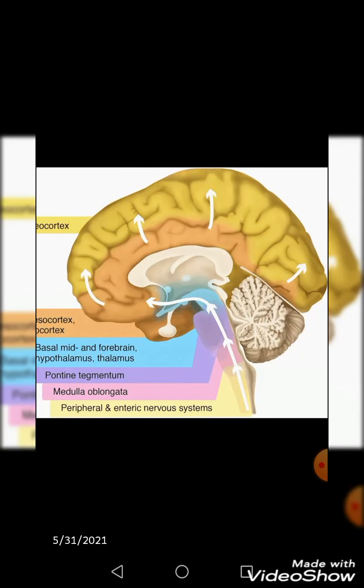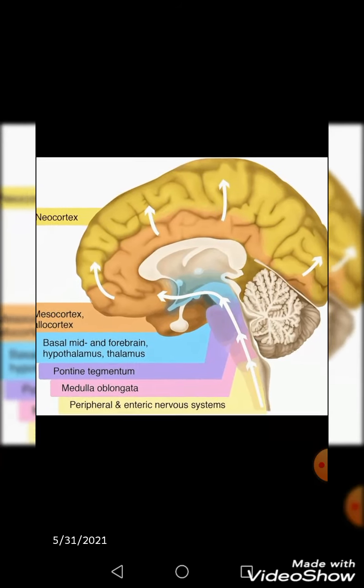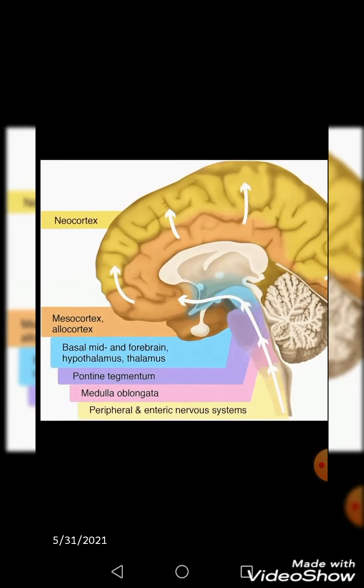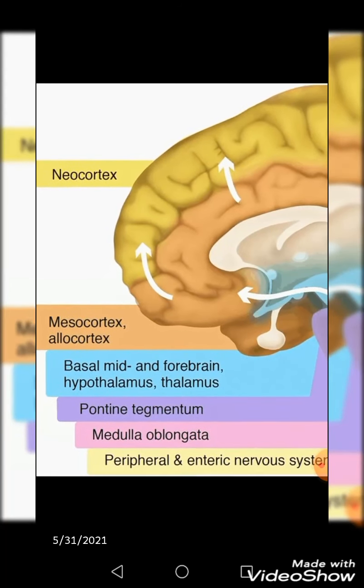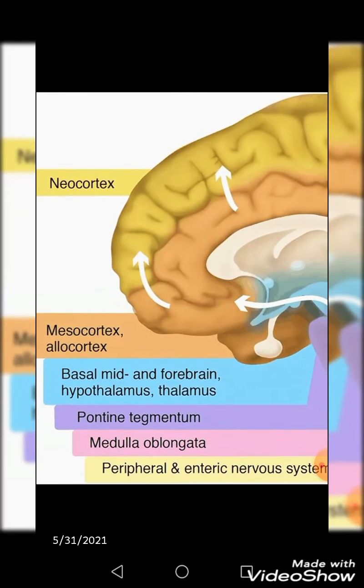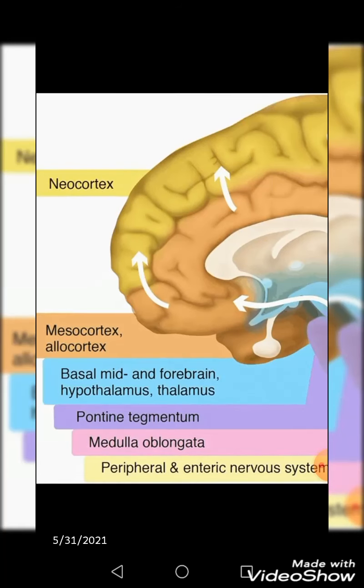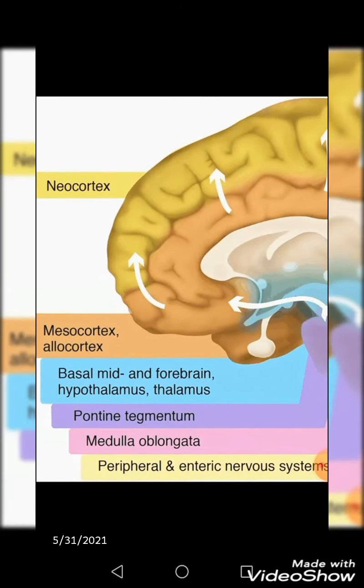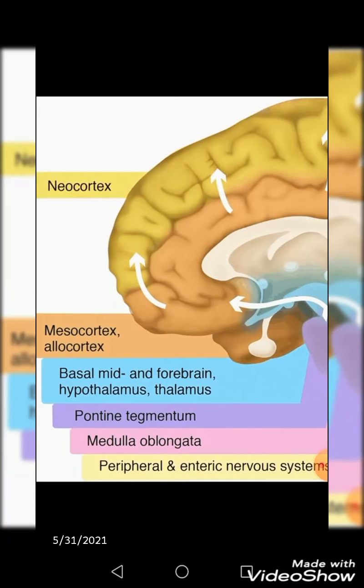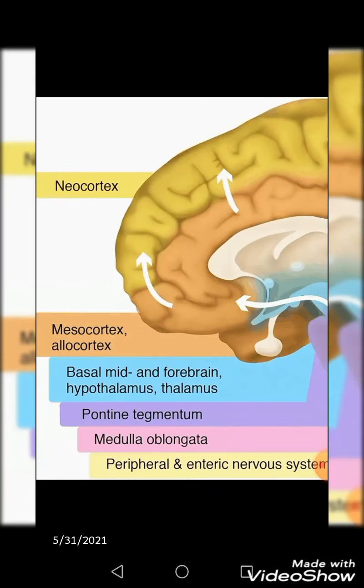So we have to learn two terms. One is neocortex, as you can see, and the other is the allocortex along with the mesocortex. The neocortex is phylogenetically a new cortex, right? And the word neopallium is also used. It is made up of 6 layers, which we have discussed in the topic of cerebral cortex.